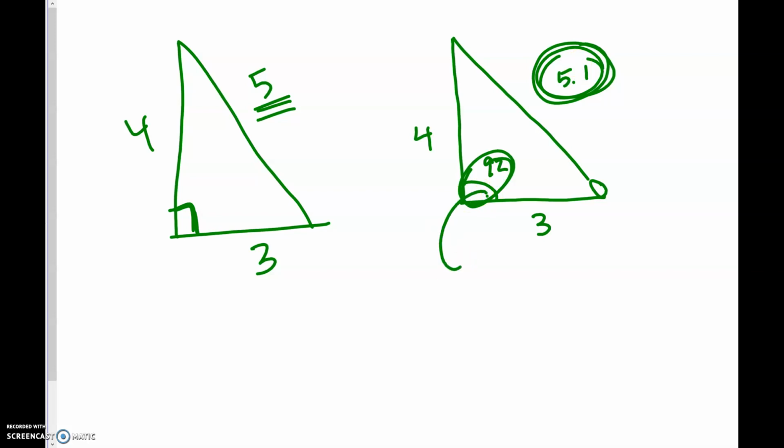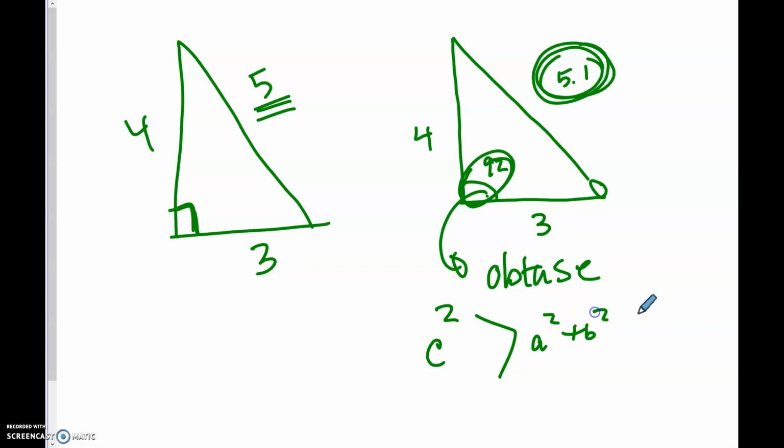Then what happened to this angle is that we had to have an obtuse angle here and not a right angle. So our first thing is we're always going to check to see if we do have a right angle. But if c squared is greater than a squared plus b squared, then we're going to end up with an obtuse triangle.